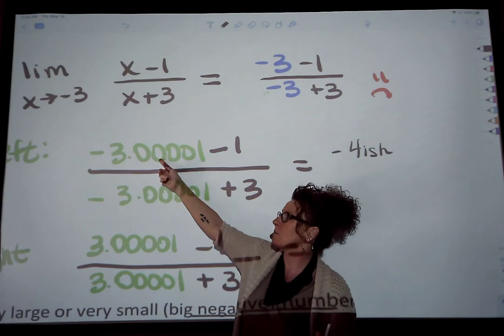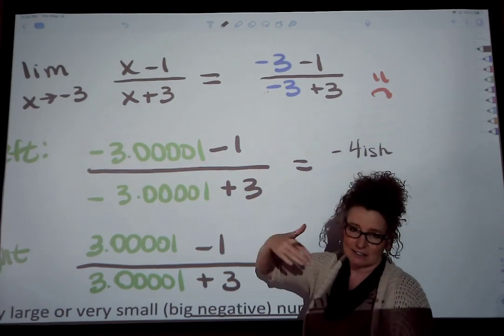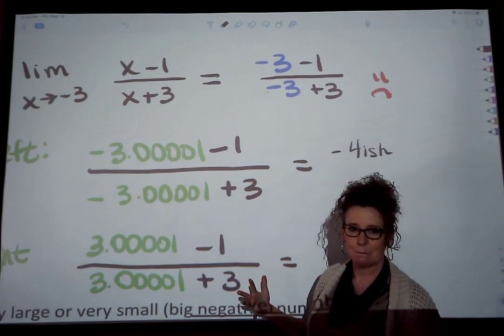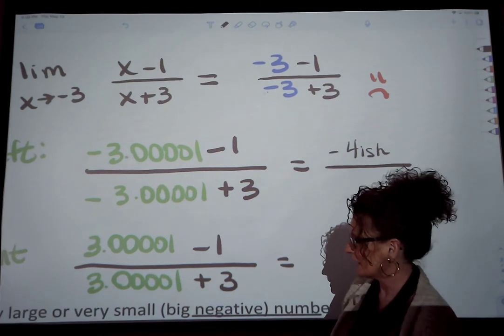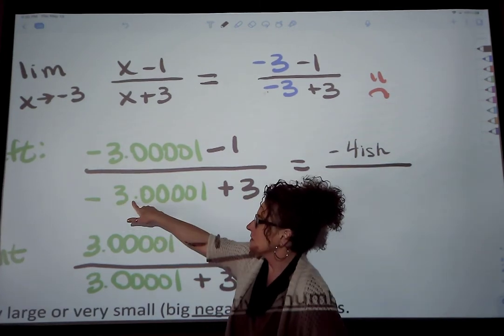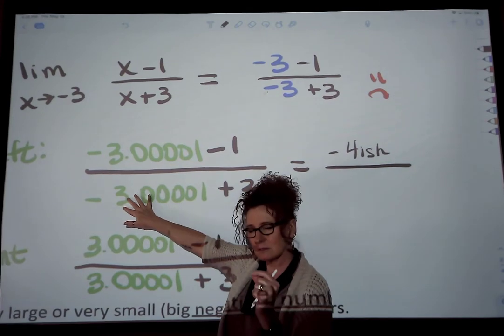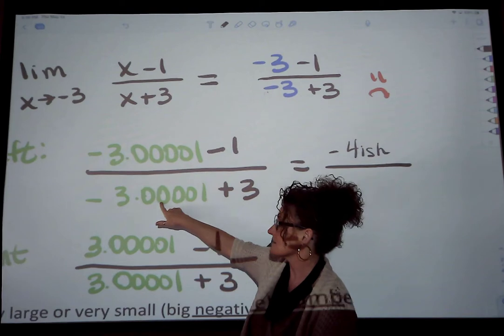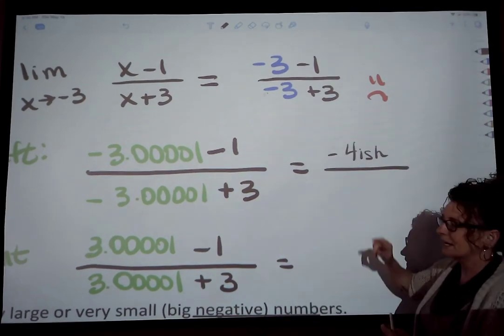When we sub in a number to the left of negative 3, we're going to each get about negative 4 over... Okay, ready? So a bigger negative than 3 is this. Add 3 to it. What do you get?